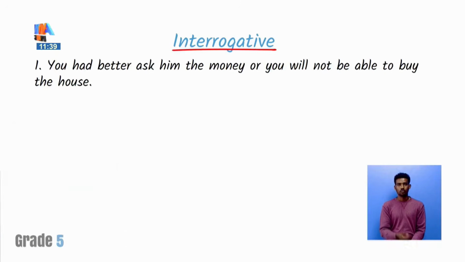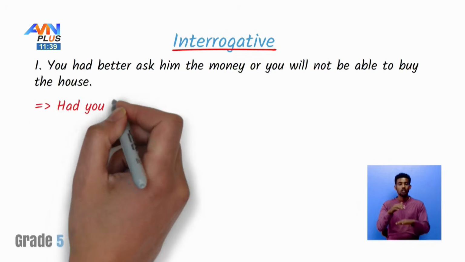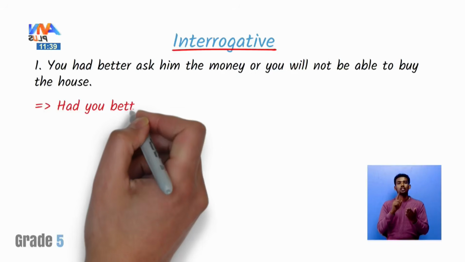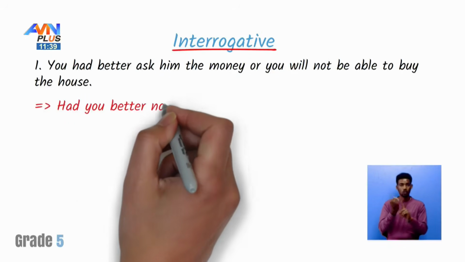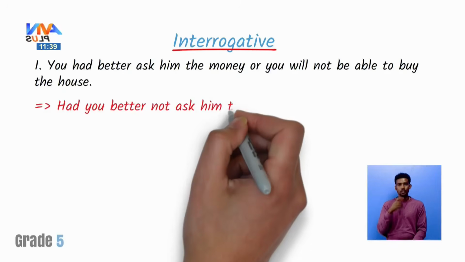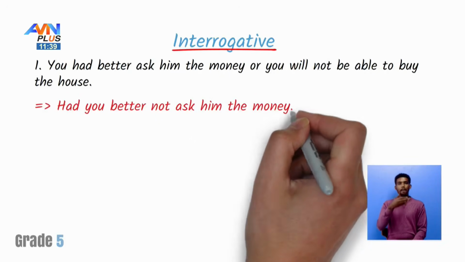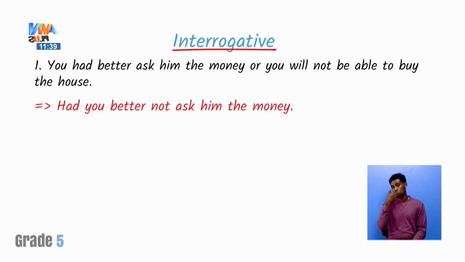Even if it is not this much used in English, maybe in some context we can use had you better. Had you better not. Had you better not ask him the money.